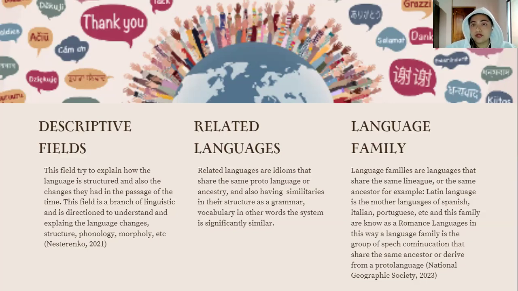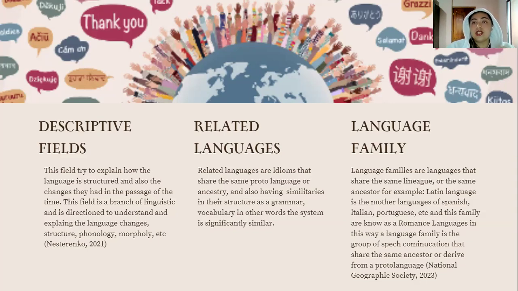Then we have language families. A language family is a group of languages that share the same lineage, the same ancestor, and they have a lot of branches from that ancestor. For example, our ancestor is Latin, because we speak Spanish. Latin, from Rome, gives us the Romance languages.